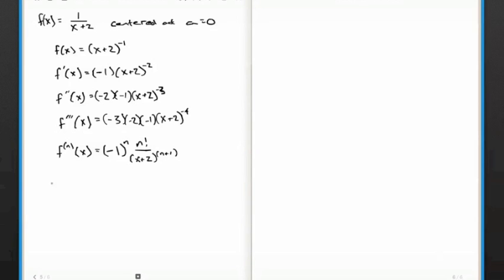The next step is to write out the first few terms, right? But to get the first few terms, I need to go back and figure out what f of 0 is, f prime of 0, f double prime of 0, f triple prime of 0. I need to find all these things. So let's plug that in there. f of 0: well, 0 plus 2 is 2, and so that's just 1/2.